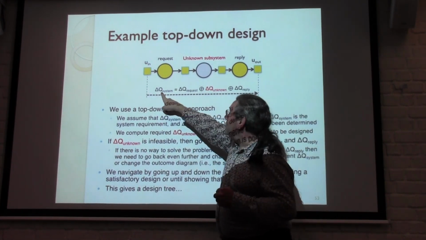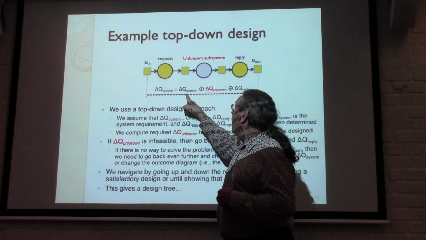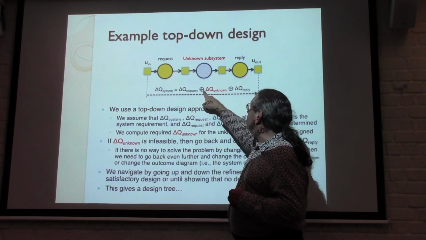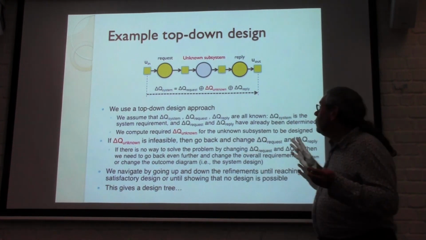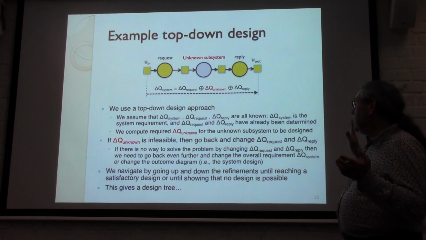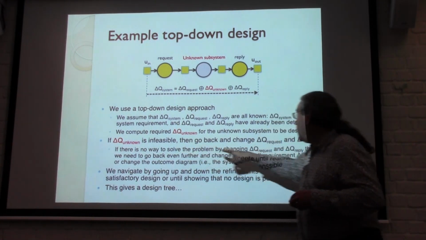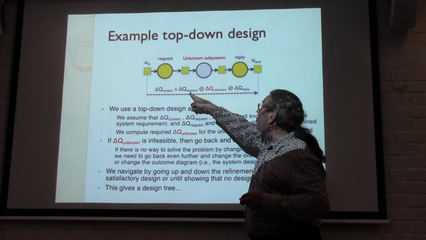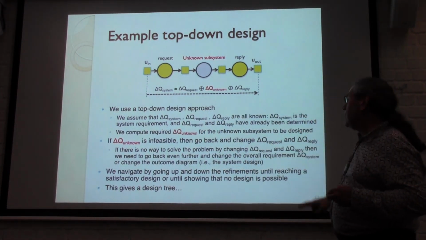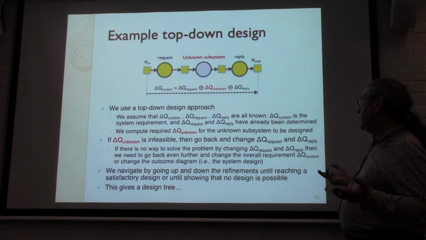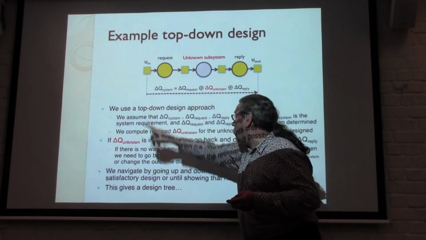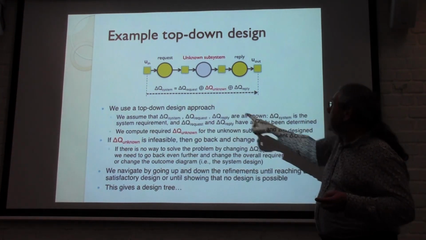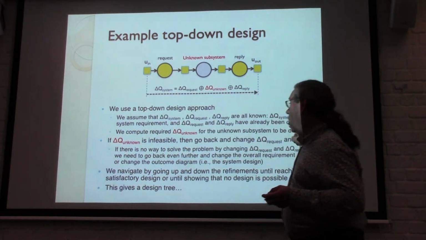Okay? Maybe we want this to be 100 milliseconds, and somehow this one has to have negative delay if we compute it. If it's infeasible, then something has to change. Maybe this has to change. We have to put a faster request. But maybe that's not possible. Maybe the whole requirement from beginning to end is wrong.